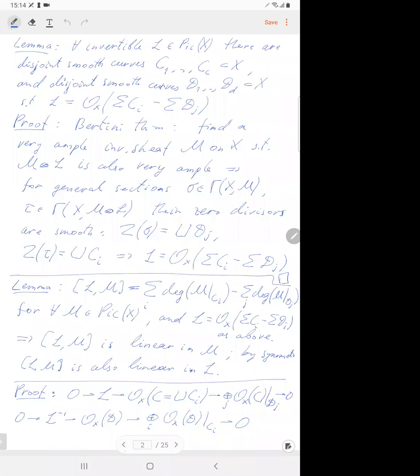Okay, so let's have one more look at those two exact sequences and write down the Euler characteristics. We get chi of OX of D minus the sum of Euler characteristics over OX of D restricted to Ci's.